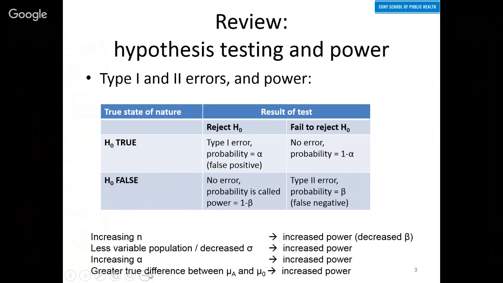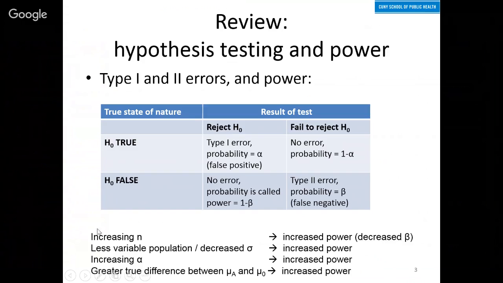These factors affect power, which is 1 minus the type 2 error rate. This is your probability that if H0 is in fact false, we're going to correctly reject it. We think that there is a difference, and we perform an experiment to observe that difference. If there is truly a difference of the size that we hypothesize, power is the probability that we correctly reject the null hypothesis.